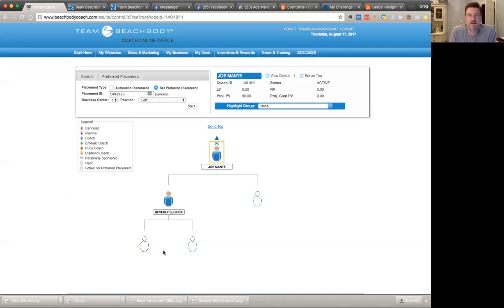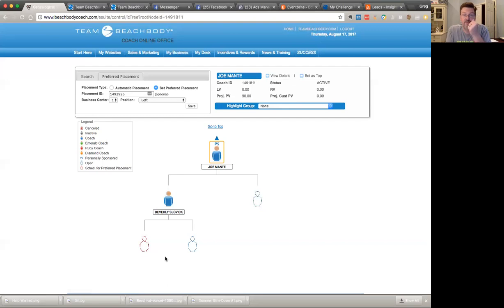It doesn't matter if they want to work the business or not, or if they're into coaching, or even into Beachbody. You are going to control their account, and any money that they make is going to go into your bank account. So you move the dotted red guy to your strong side, then you sign up your spouse.